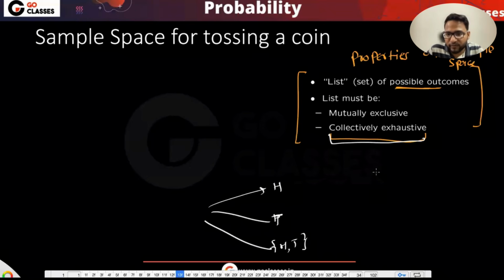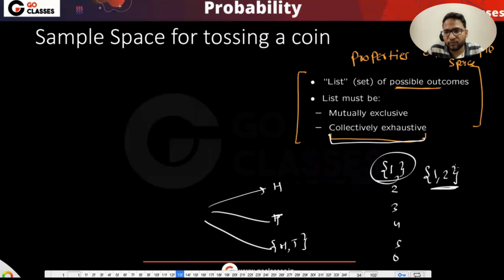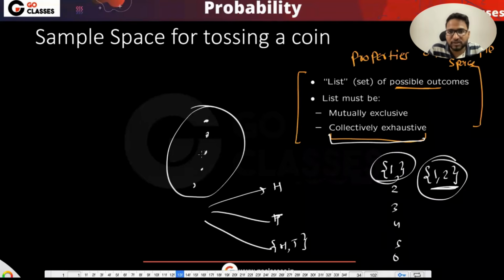For now, if you are tossing a dice, you can have 1, 2, 3, 4, 5, 6 as a sample space, but along with this you cannot have {1, 2}, because then this will not be a disjoint set. {1} and {1, 2} have something common. You cannot have anything common in the sample space. All the possible outputs have to be disjoint. Is this understood to everyone?